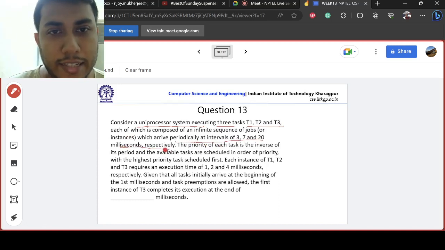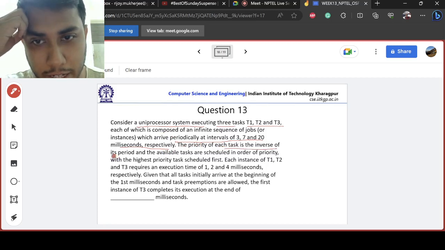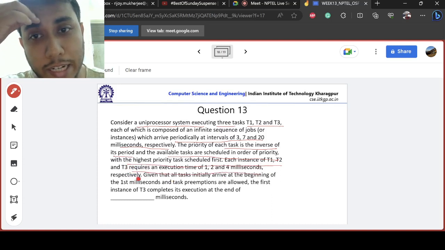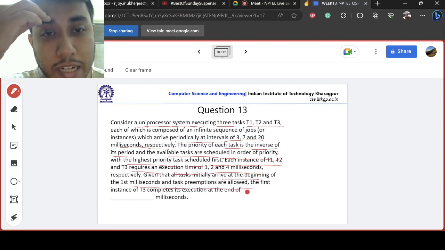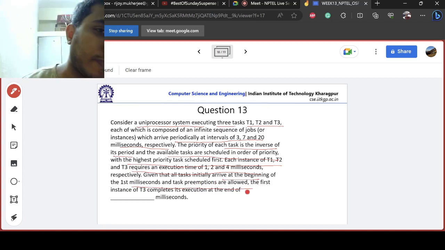The priority of each task is inversely proportional to its period, and the available tasks are scheduled in the order of their priority, with the highest priority task first. Each instance of T1, T2, and T3 requires an execution time of 1, 2 and 4 respectively. Given all tasks initially arrive at the beginning and task preemptions are allowed, the first instance of T3 completes execution.